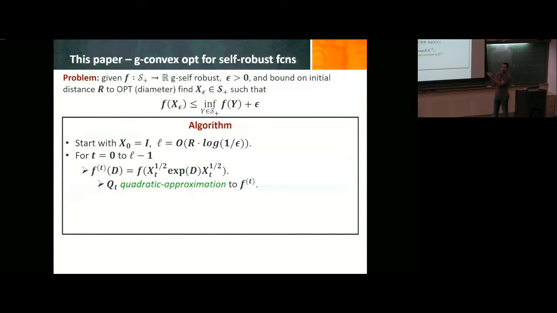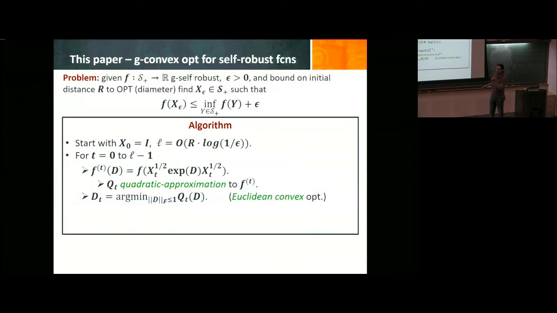Because I'm self-robust, it means that in a small neighborhood, I look a lot like a quadratic function. So I take the approximation of the capacity by a quadratic function. I find the minimizer of this quadratic function, okay? And it turns out this minimizer is a good approximation of the minimizer of f in this small neighborhood. So I make locally small progress.